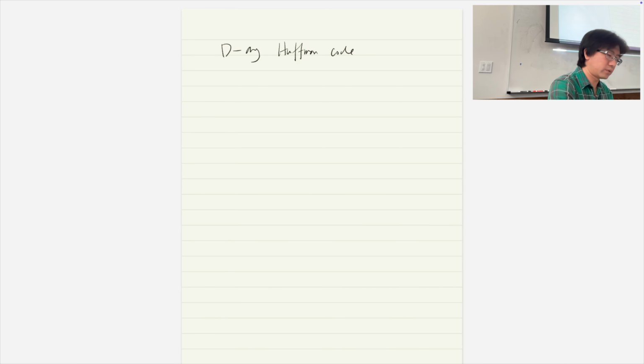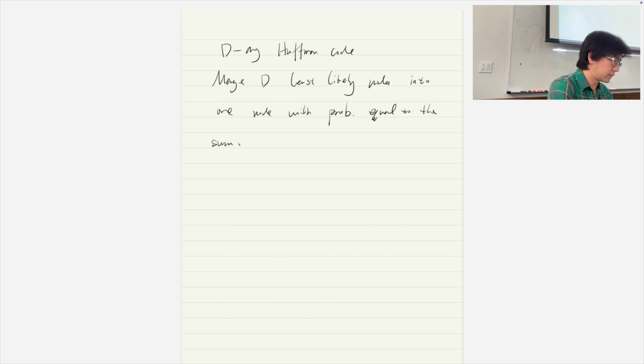Instead of merging 2, we merge the D least likely nodes into one node, with probability equal to the sum of all the children nodes.